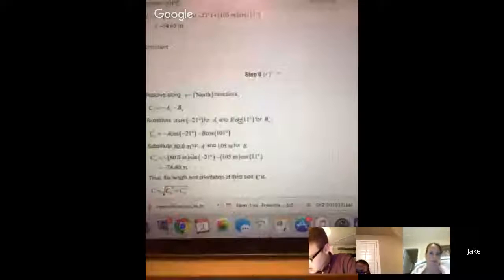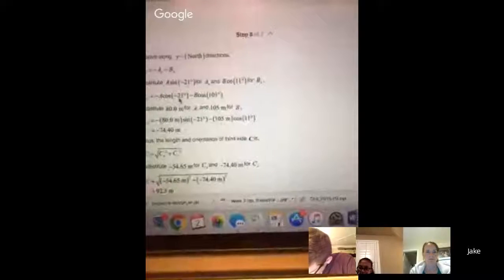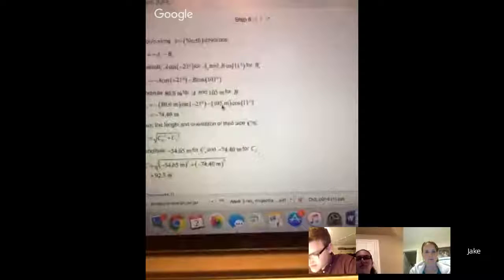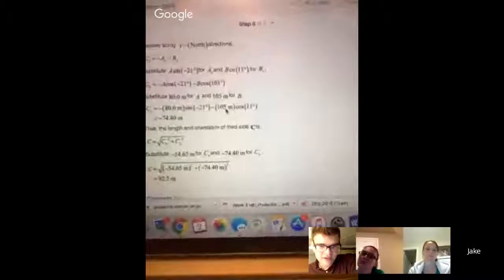And then for CY, you do negative AY minus BY, so A cosine 21 minus B cosine 101. So they just separated the vector into XY components and then solved for each one.